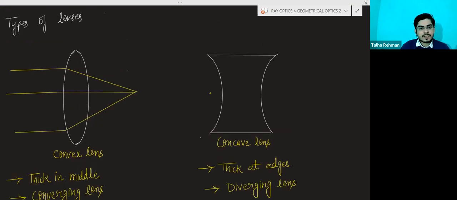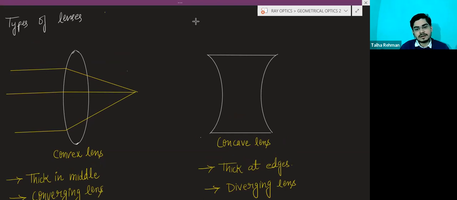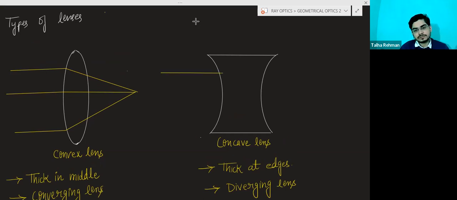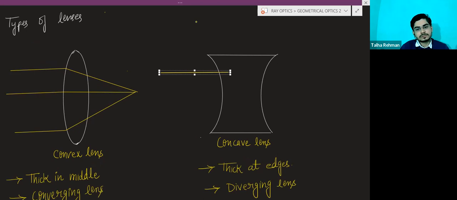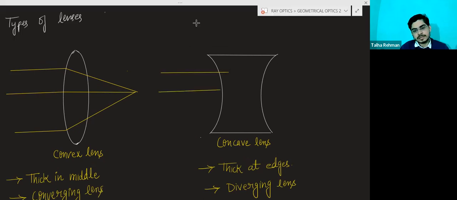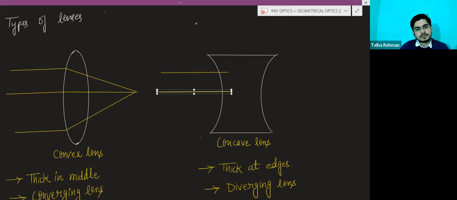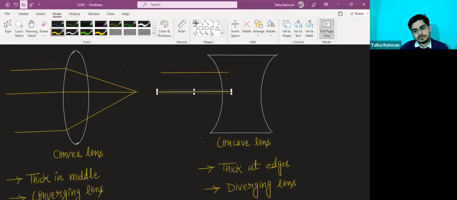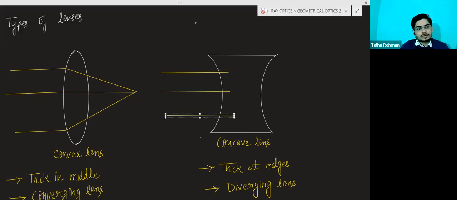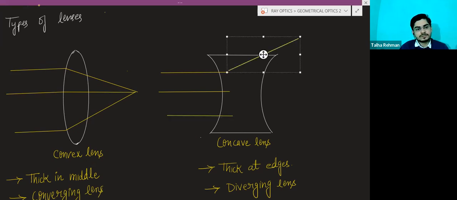In this case, if the rays are coming parallel like this, from this lens the rays are getting diverged.